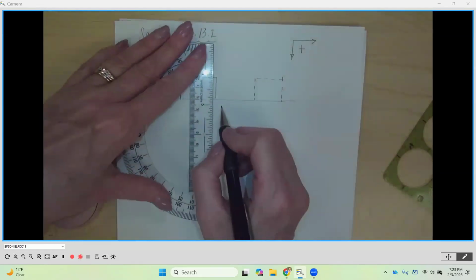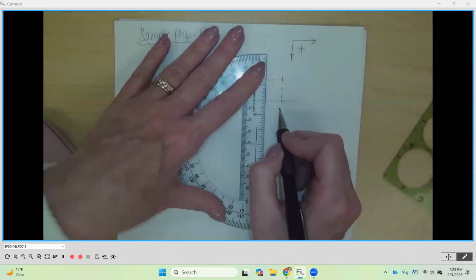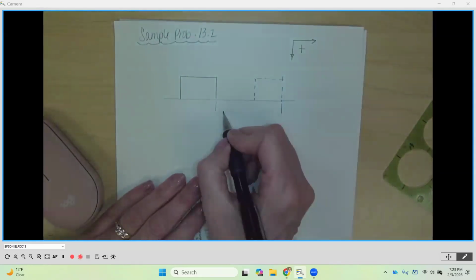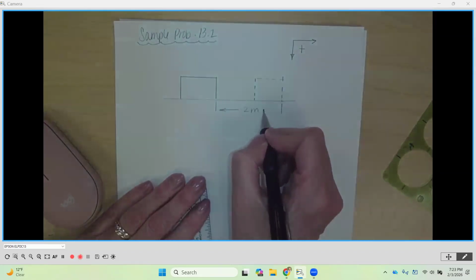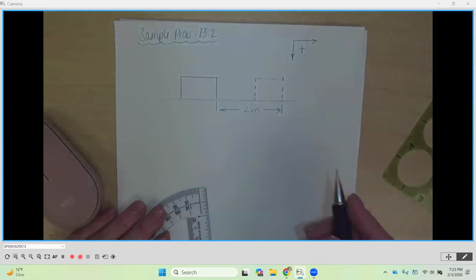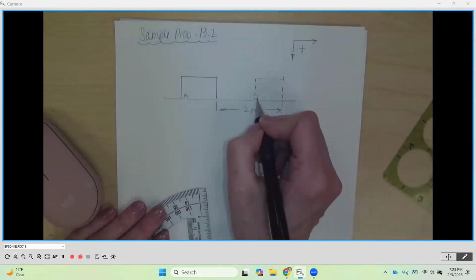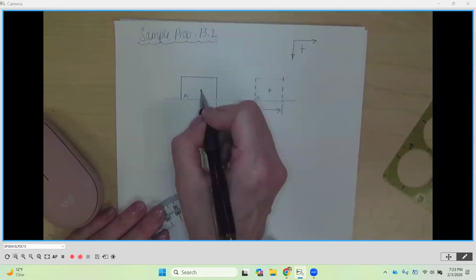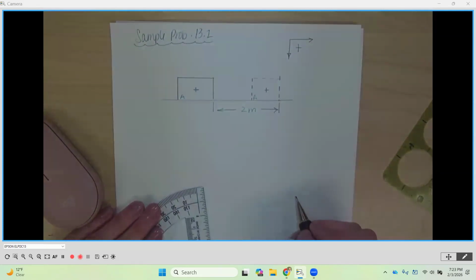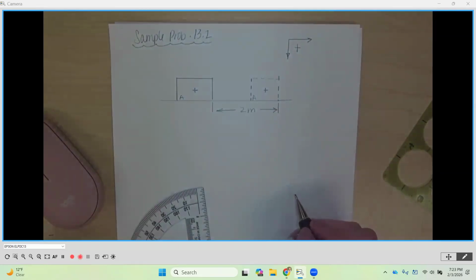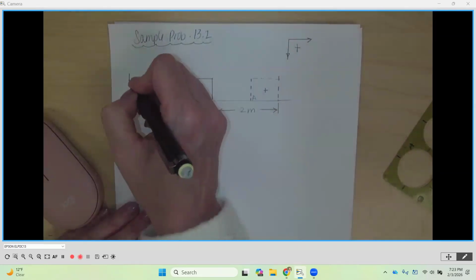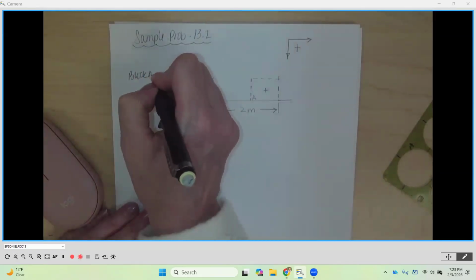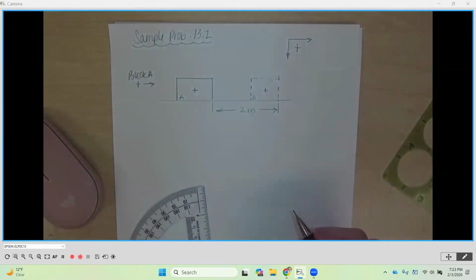Okay, so that means that this distance to this distance is going to be 2 meters. Okay, and this is going to be block A, center, center. And positive is to the right.